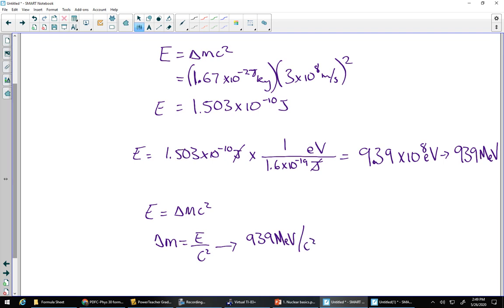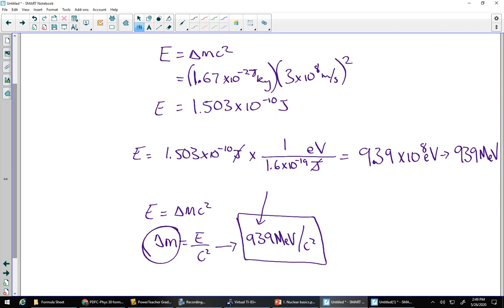You leave it. You don't actually divide by speed of light squared, because then it wouldn't really be in terms of energy anymore. So we just leave it in terms of mega electron volts. It's the energy, but more talking about the mass.